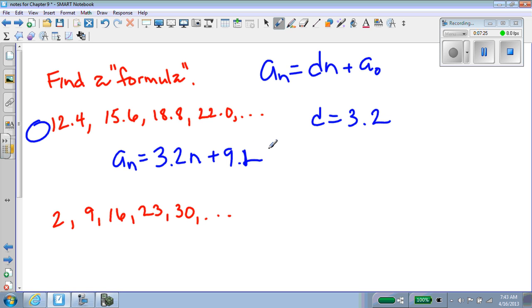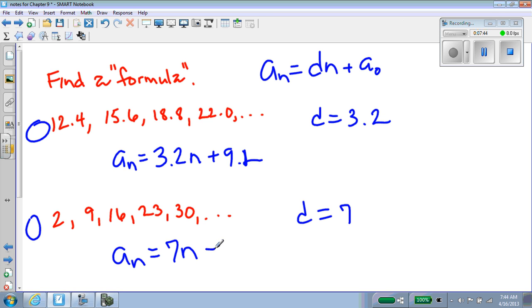Wow, I'm losing my mind here. Okay, I'm adding 7, adding 7, adding 7. So my common difference is 7. So a sub n is equal to 7n. If I'm adding 7, I subtract 7, minus 5.